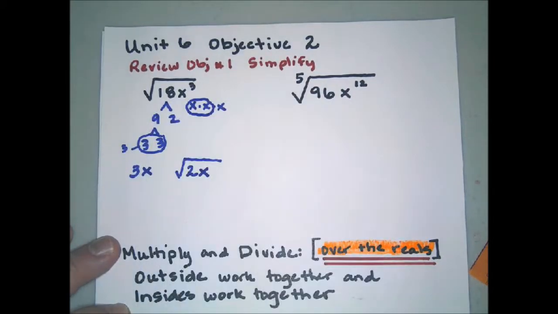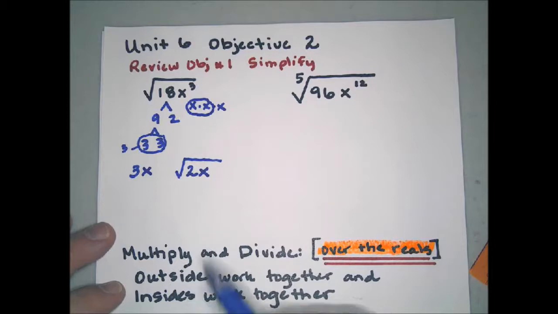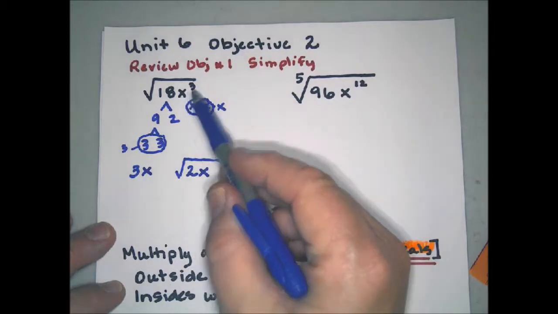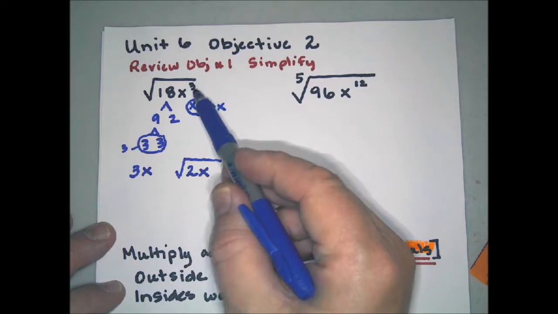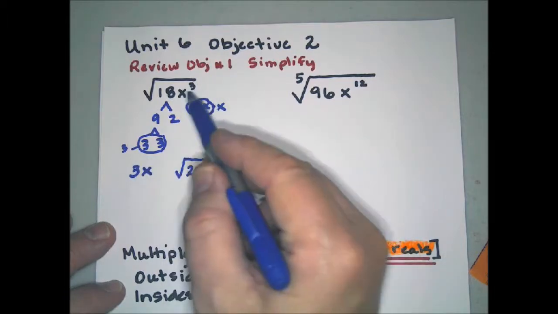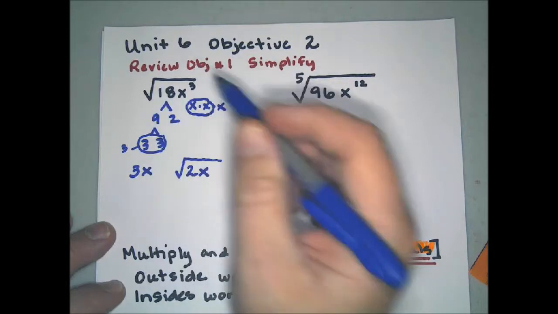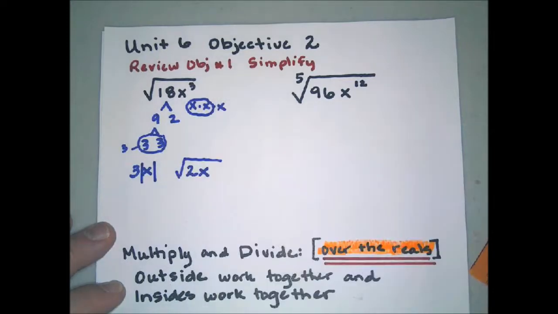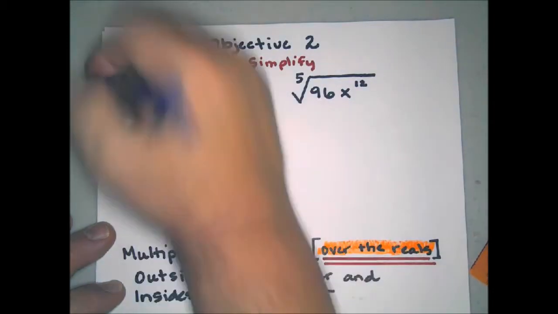But this is going to be one of those reasons why we need the absolute value bars. We really didn't know whether the x represented a positive number or a negative number, and so we need to guarantee that it actually can come out of the square root. So we put the absolute value x. Remember the EVO rule?